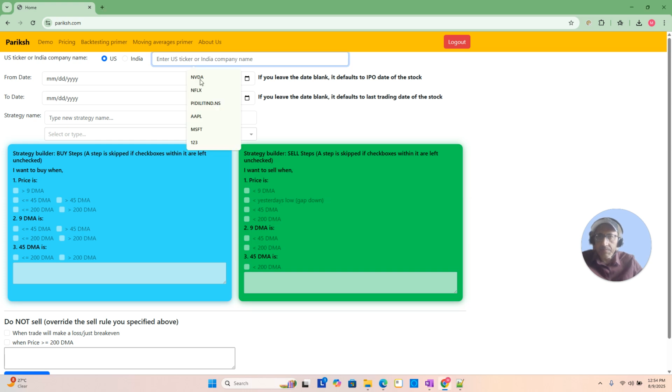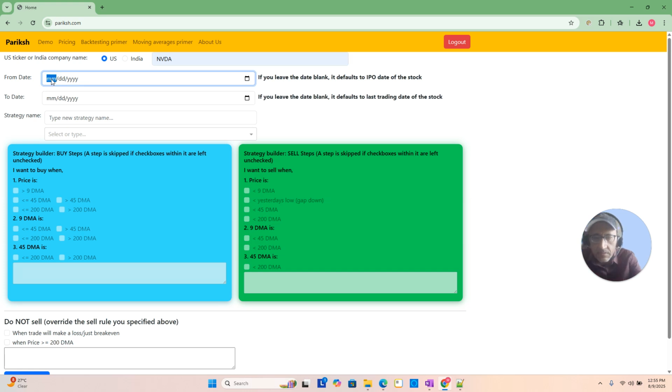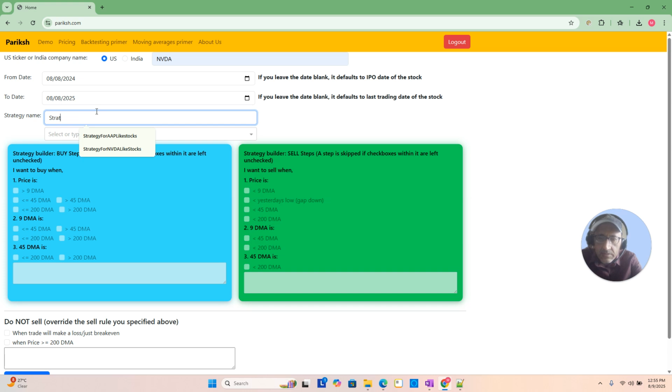So let's start with NVIDIA. Let's give it a date range, 08/08/2024, which is 1 year back, to 08/08/2025. I will give a name to the strategy for NVIDIA like stocks.